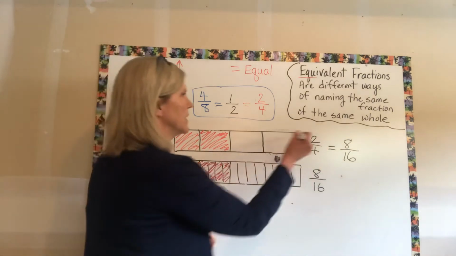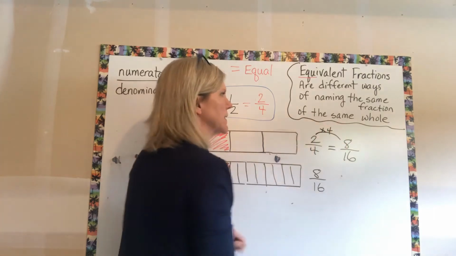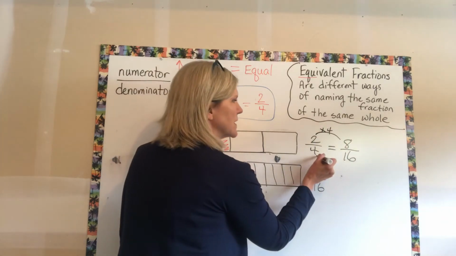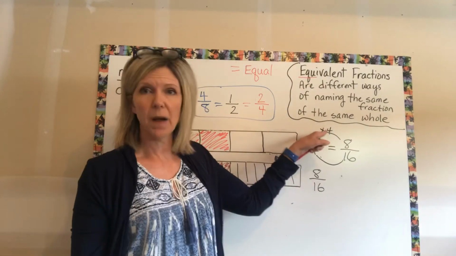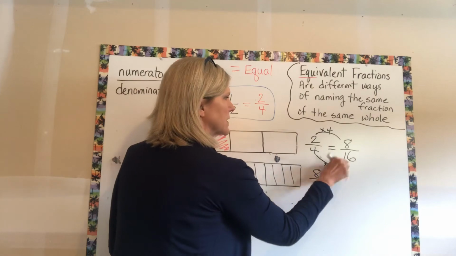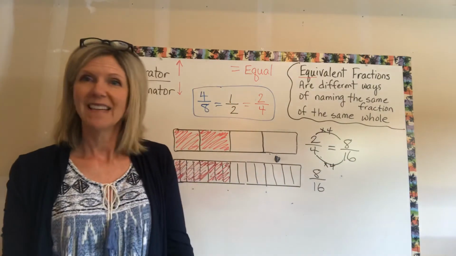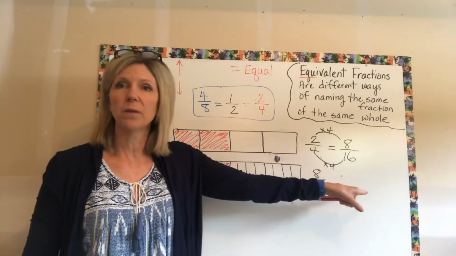Yes, 4. So I'm going to make this little arrow. 2 times 4 is 8. I have to use the same one for here. I have to multiply it by the same number. So is 4 times 4, 16? Yes, it is. 4 times 4 is 16. So this is our formula.